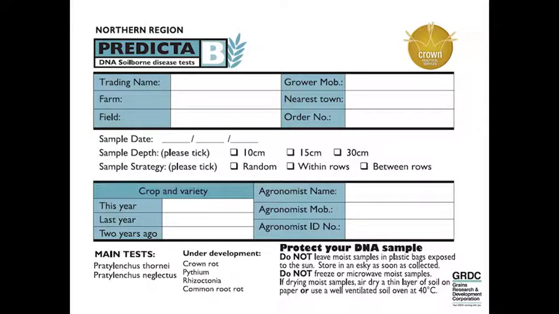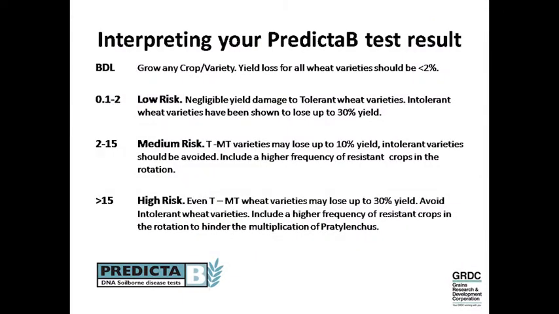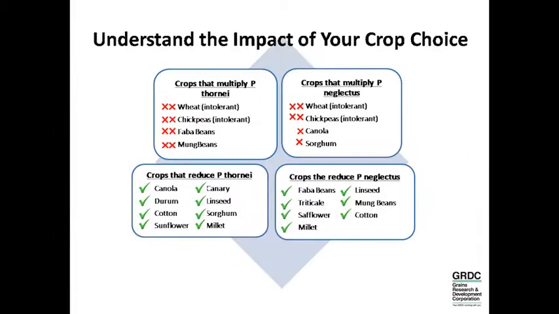They've just got to work on their thresholds. Crown rot, Pythium, Rhizoctonia, and common root rot. And in future, the GRDC are putting some good investment behind predictability. Hopefully, we'll have Phytophthora for chickpeas. So that's going to be a pretty useful added test. That's just the back page of it. We've done that. I'll just concentrate on this page for a little bit.